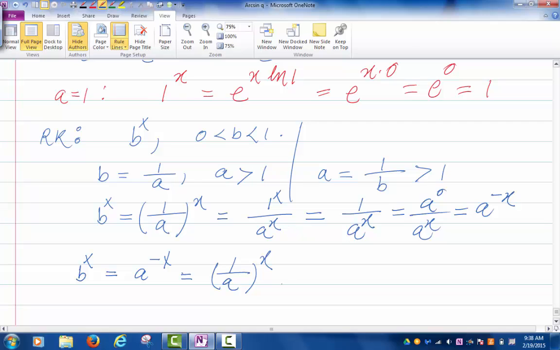This is the case where b is between 0 and 1 and a is 1 over b. So I can express the function b to the x in this way. You guys get my point?